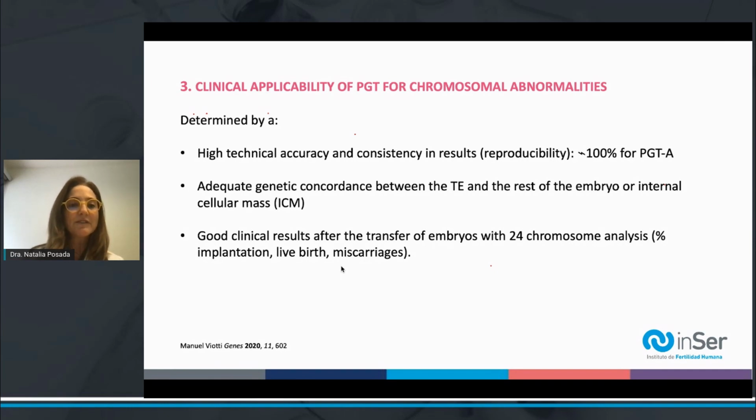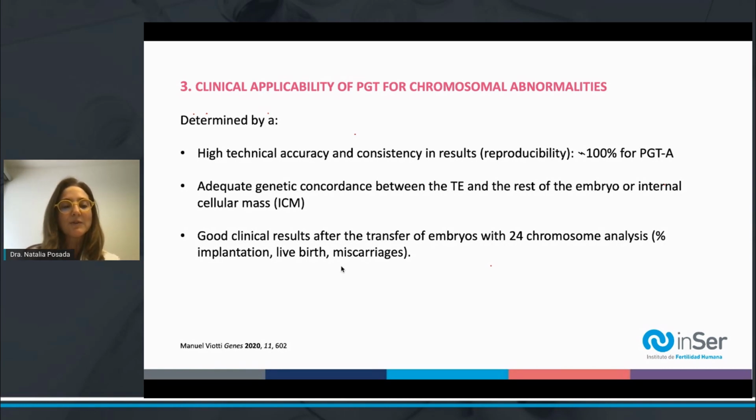The first, it has to be accurate and results have to be consistent or reproducible, and that happens to be the case for the PGTA 2.0, that has almost 100% reproducibility.